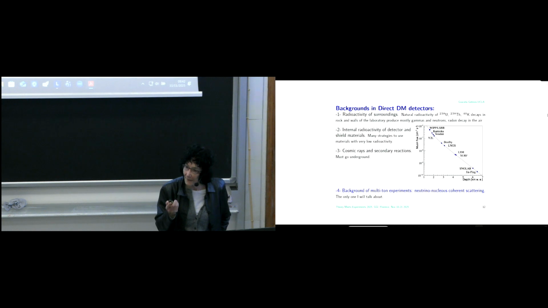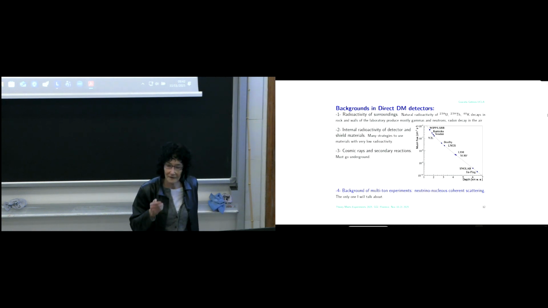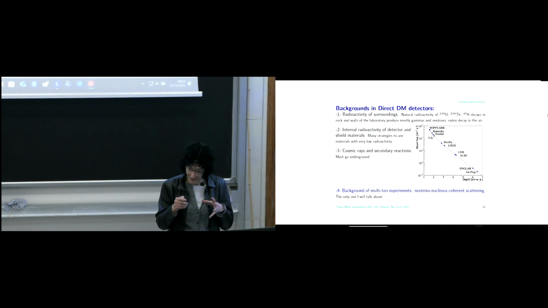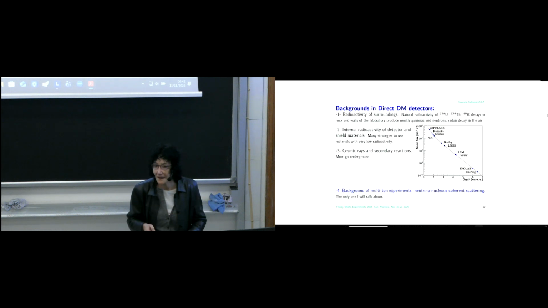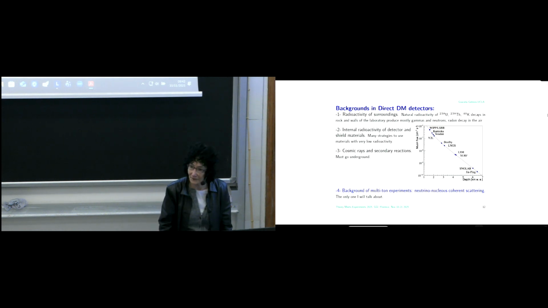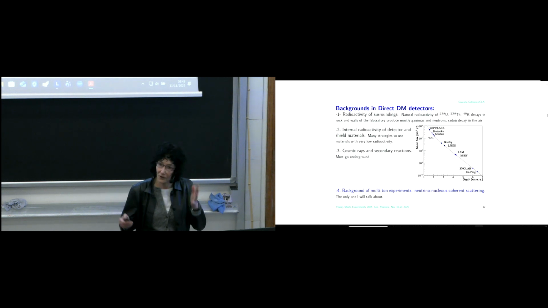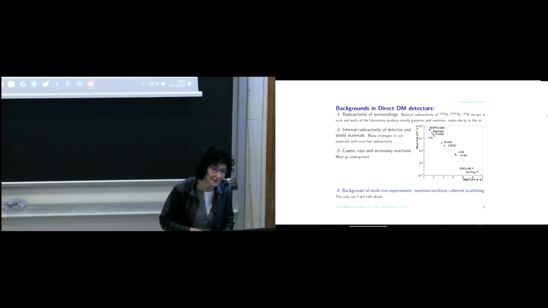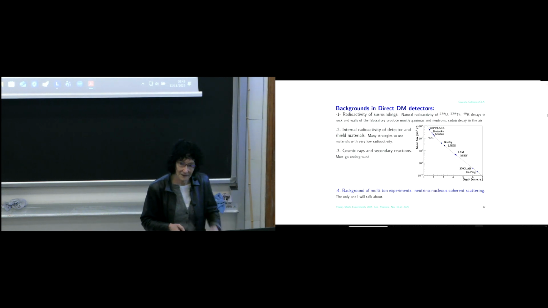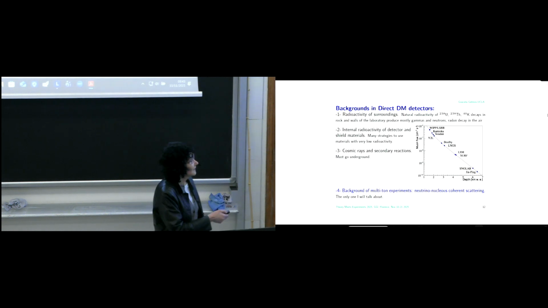For example, DAMA had their crystals produced underground. These crystals were never above ground because they get cosmogenically activated. So you have to go to serious extremes in order to get radio pure materials.